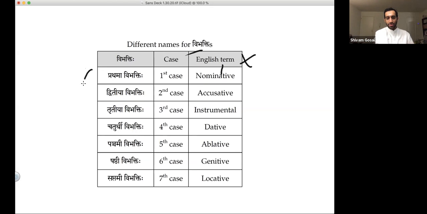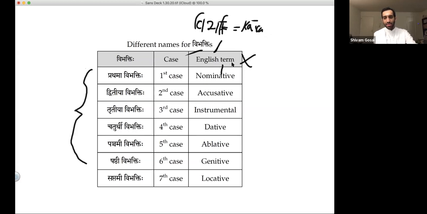We're only going to use the Sanskrit words, because in the English terms, they have basically equated vibhakti to karaka, and so they've given the names nominative, accusative, etc. You might know that in other books, these English terms are given. But we just have to know that vibhakti is not the same as karaka, okay? And to differentiate that, we're going to focus more on these seven Sanskrit names.